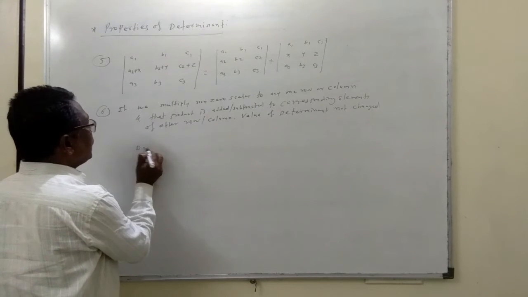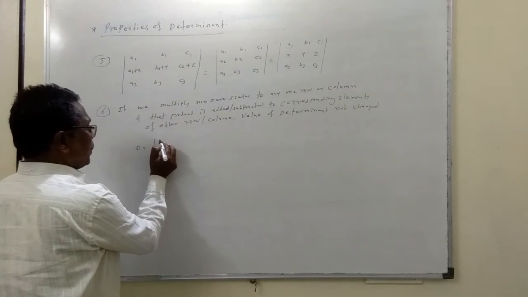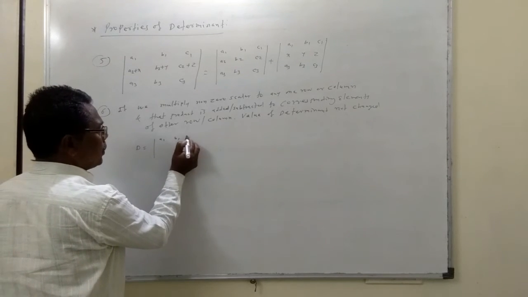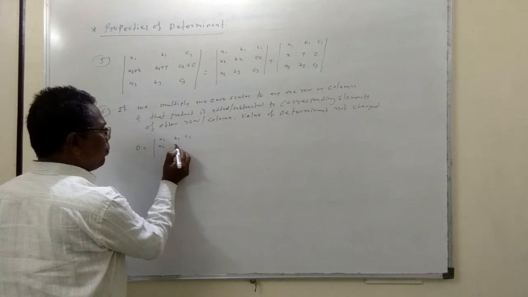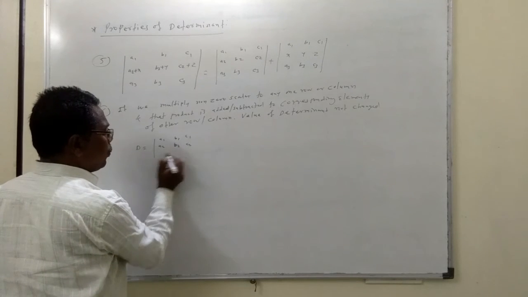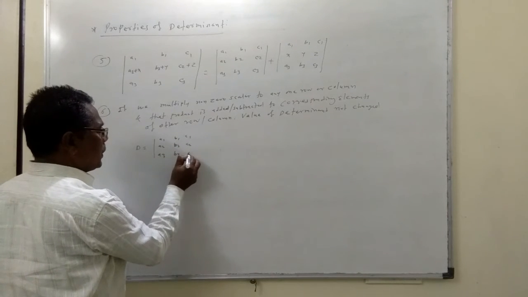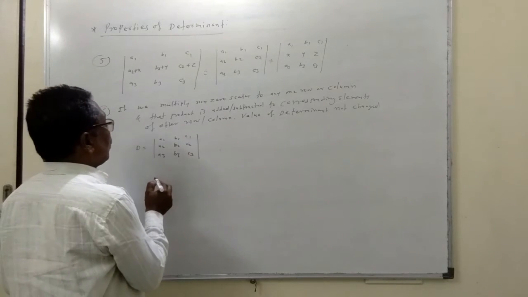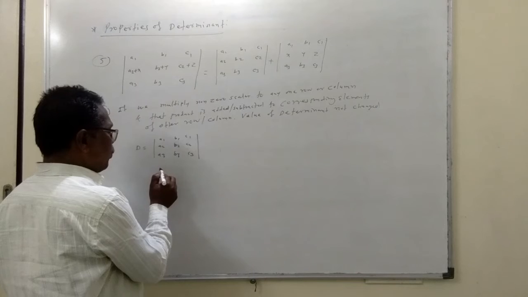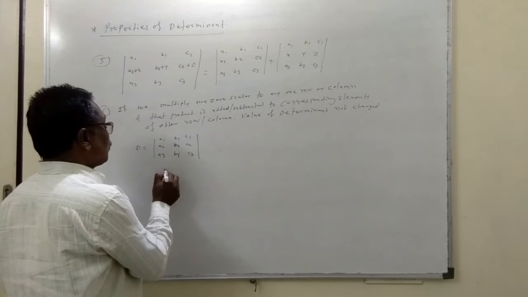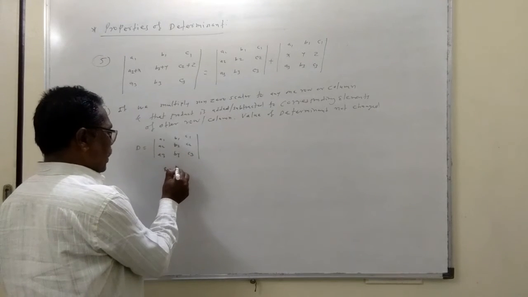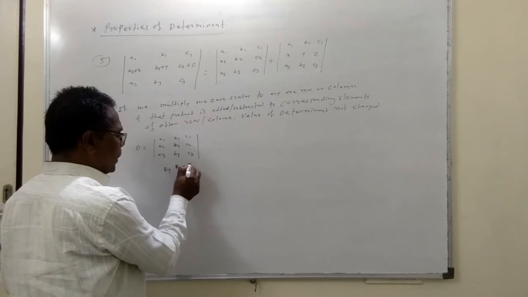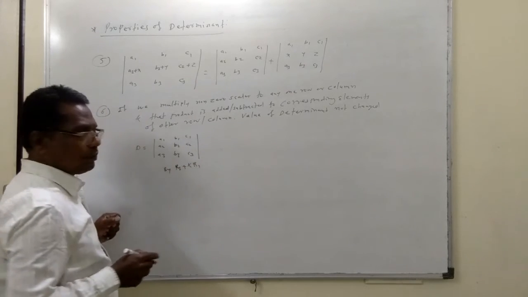So D is equal to, suppose, A1, B1, C1, A2, B2, C2, A3, B3, C3. Now if we multiply a non-zero scalar to any one row, suppose we multiply to this, by R3 plus K into R1.